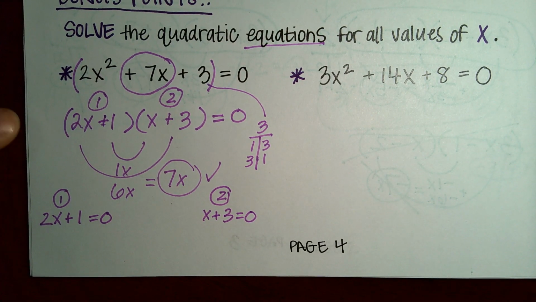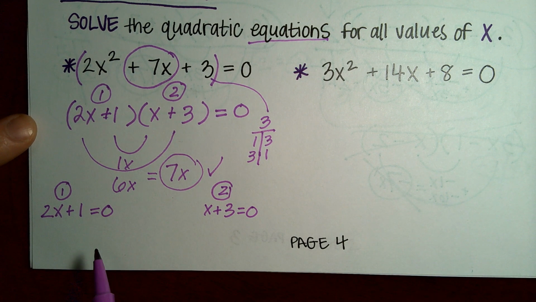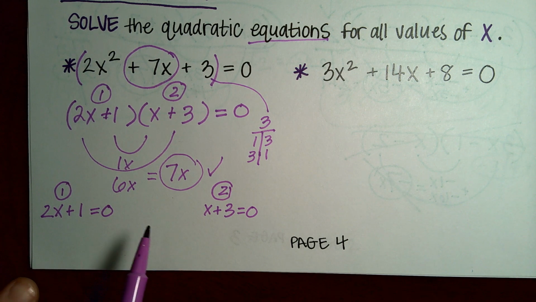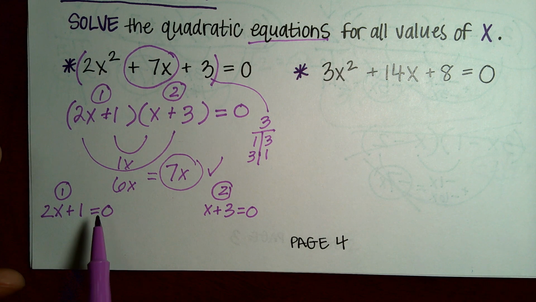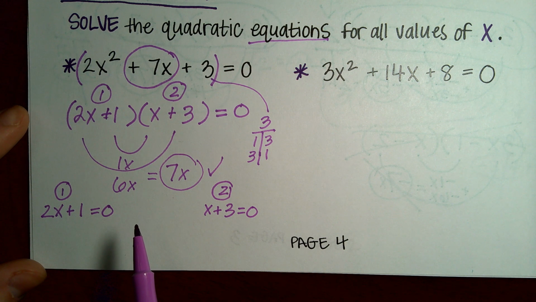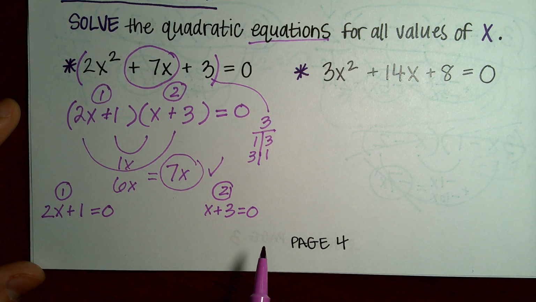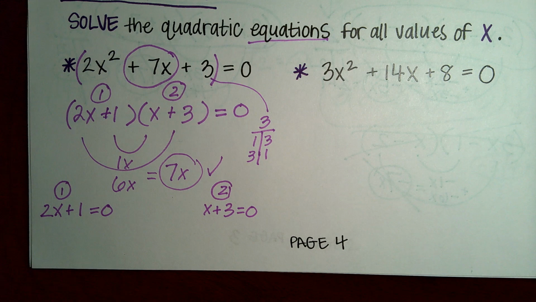So let's start with the first one. Whenever we are solving an equation, we're always kind of working backwards. Normally in the order of operations, we do multiplication first and then addition and subtraction. But since we're working in reverse, exactly. So to solve this first equation, 2x plus 1, what would my first step be?